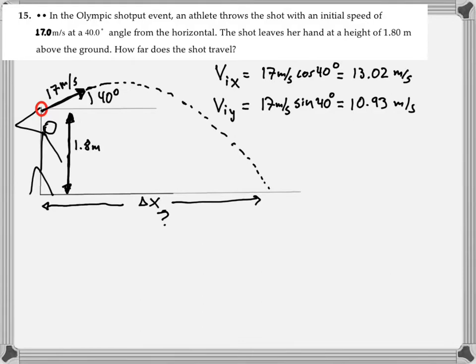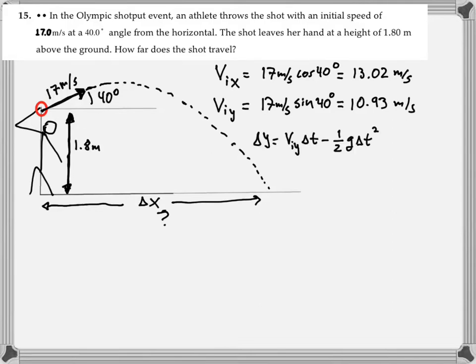The x component is going to be the magnitude 17 times the cosine of the angle, 40 degrees in this case, and you get 13.02. For the y component, you'll get 17 times the sine of 40 degrees, and that gives you 10.93 meters per second. So we have those values that we're going to use in our equations.